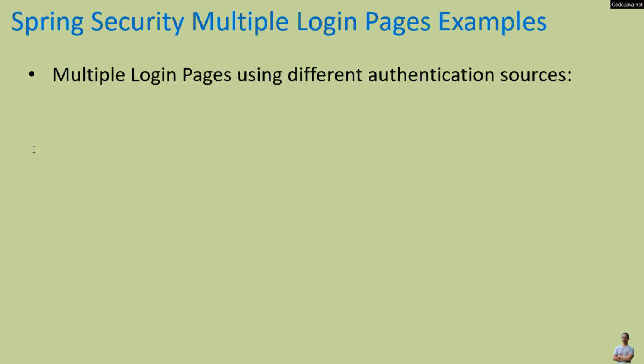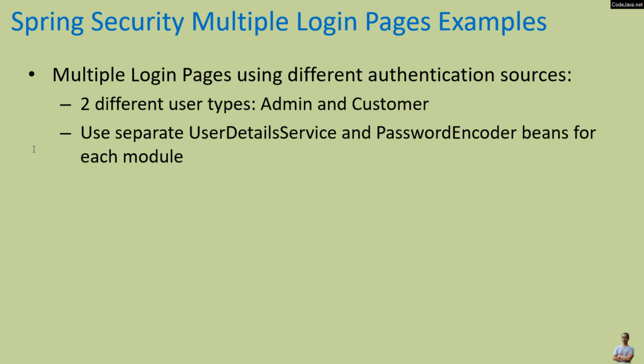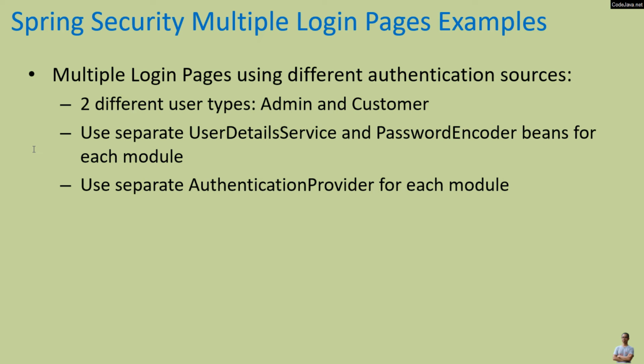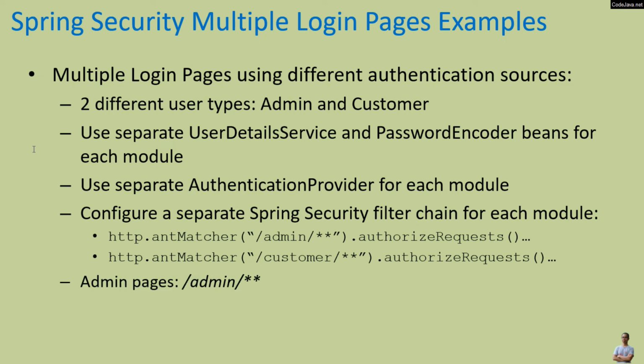Now, I'm going to show you how to write code that implements multiple login pages using different authentication sources or different authentication providers for each module. Here are some guidelines. There are two different user types, such as admin and customer, and we use separate user details service and password encoder beans for each module, and use a separate authentication provider for each module, and configure a separate Spring Security filter chain for each module using HTTP and matcher statement like this.